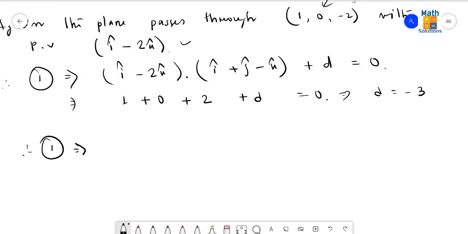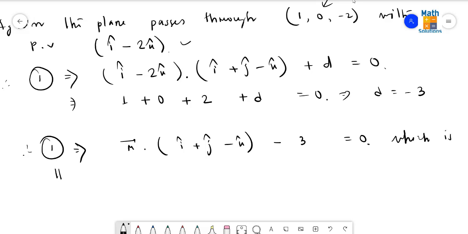Therefore 1 implies vector r dot i cap plus j cap minus k cap, in place of d I can put minus 3, that is equal to 0, which is the required vector form. Again, for Cartesian form, what do we have to do?